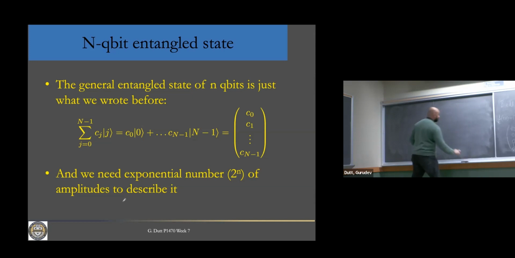They are given this symbol, phi plus minus is equal to 1 over root 2, (|00> plus minus |11>). And the Greek letter psi plus minus, which is 1 over root 2, (|01> plus minus |10>). Okay, so these four states are called the Bell states, and they are all maximally entangled states.